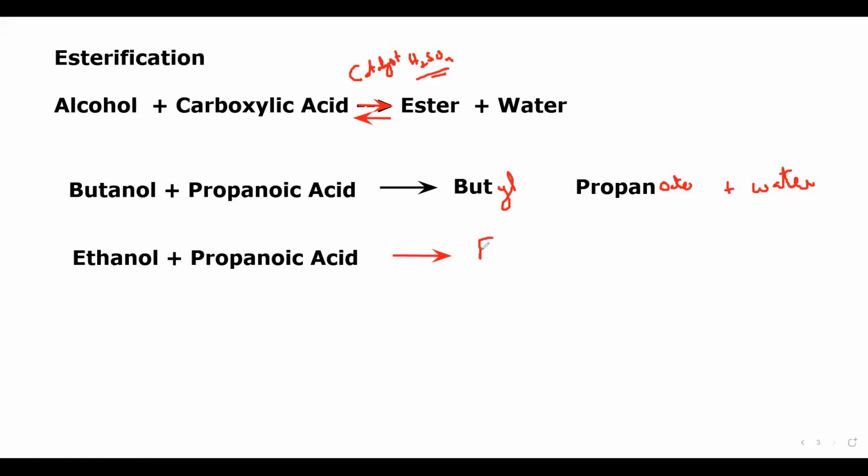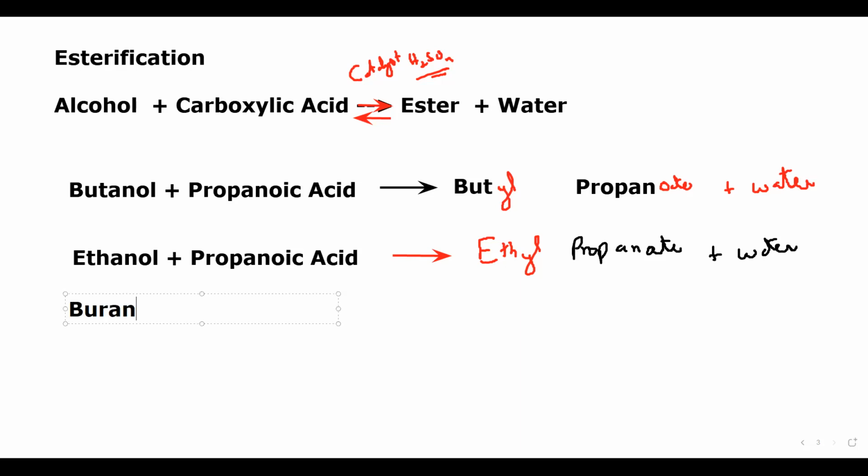So the first name is from the alcohol, eth, and because it is an alcohol, YL, so ethyl. And the second name is from the carboxylic acid, so it will be propane, but because it's a carboxylic acid, OATE, so propanoate. The ester should end in OATE, plus water as a product.